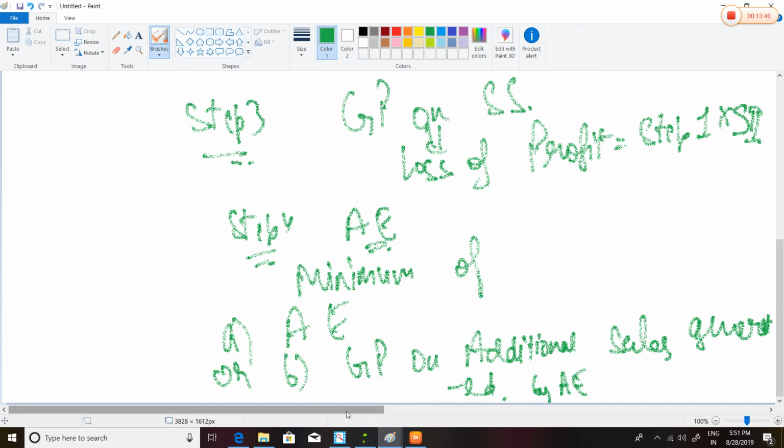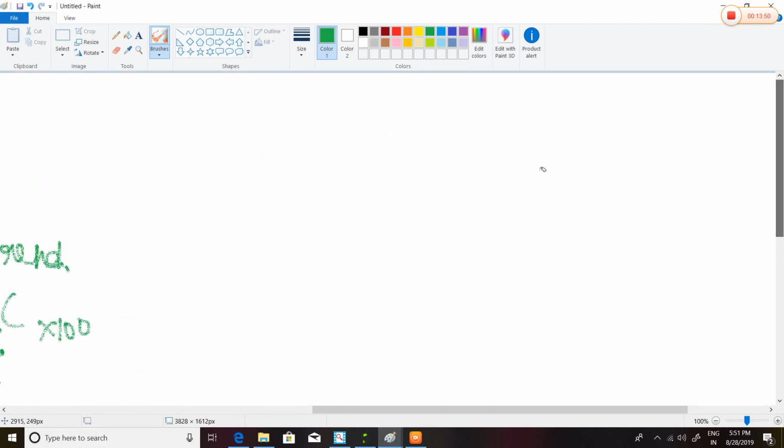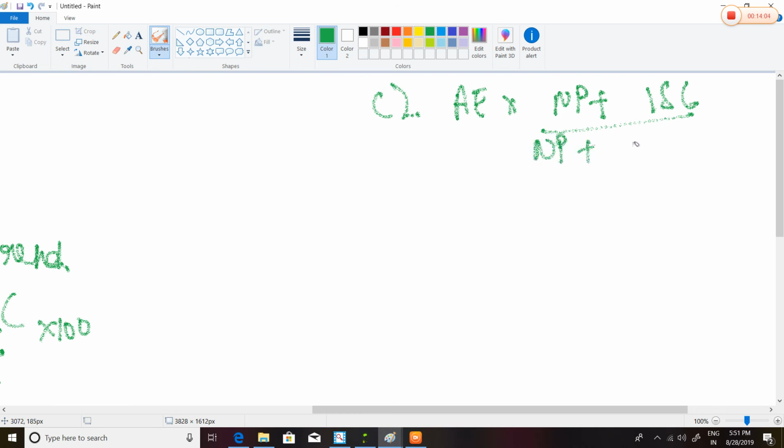Then or C part, additional expenses into net profit plus insured standing charges divided by net profit plus all standing charges.